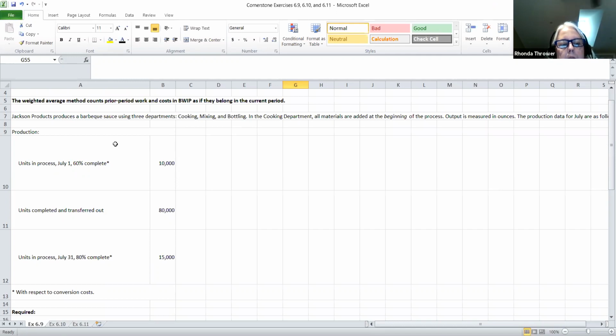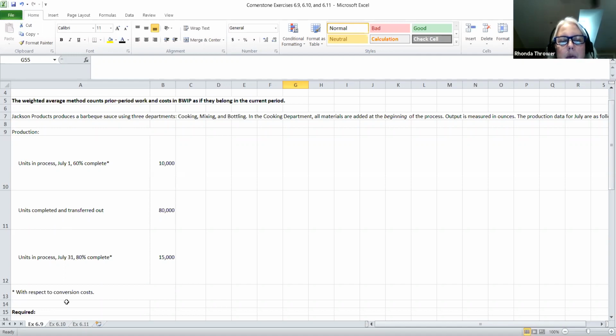For production, what they wanted you to know is that you had some beginning work in process that was 60% complete. And you see there's an asterisk beside that, and that asterisk is followed up with that 60% complete with respect to conversion cost.